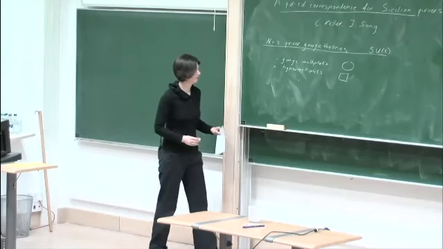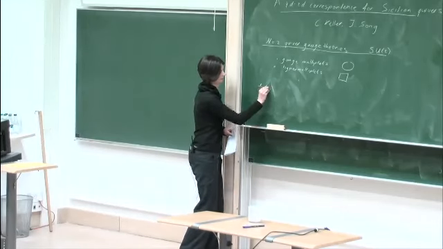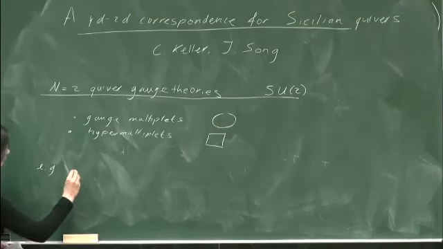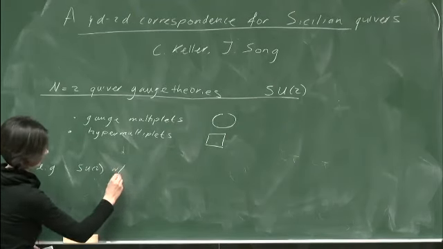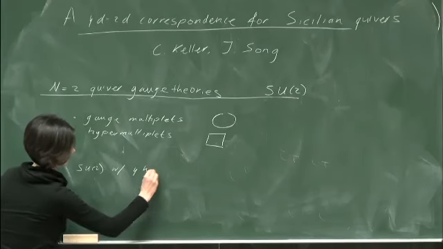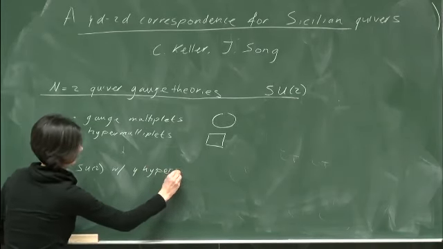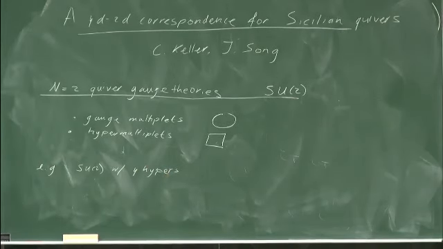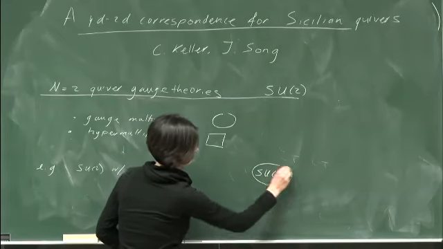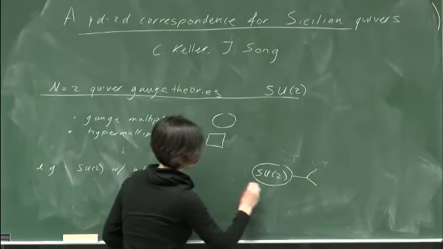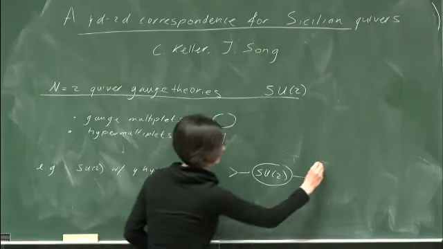So for example, if you look at an SU(2) gauge theory with 4 hypermultiplets, that's a superconformal quiver, and the corresponding quiver diagram can be drawn in this way.